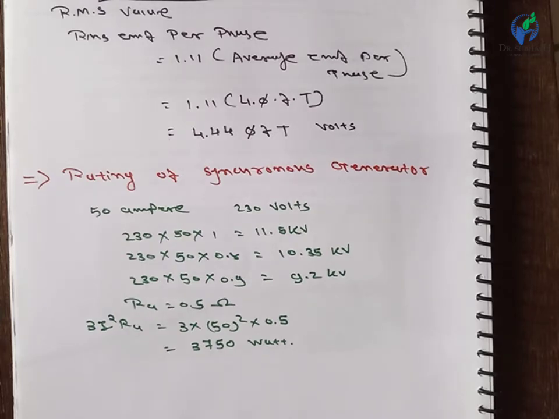Thus the copper losses and iron losses ultimately cause the heating of a machine. The insulating material is designed for a specific temperature. If we want the desired rating of the machine, we should consider the optimum output without excessive temperature rise.